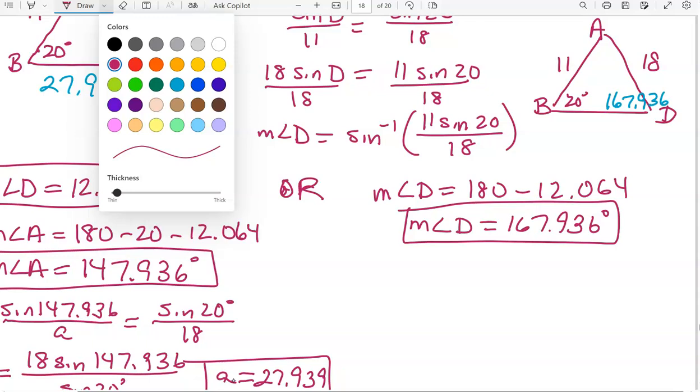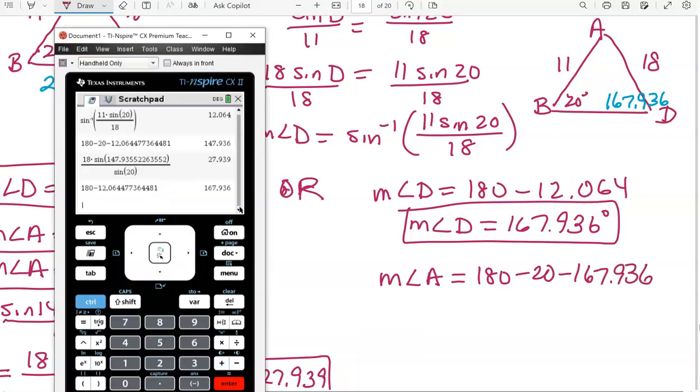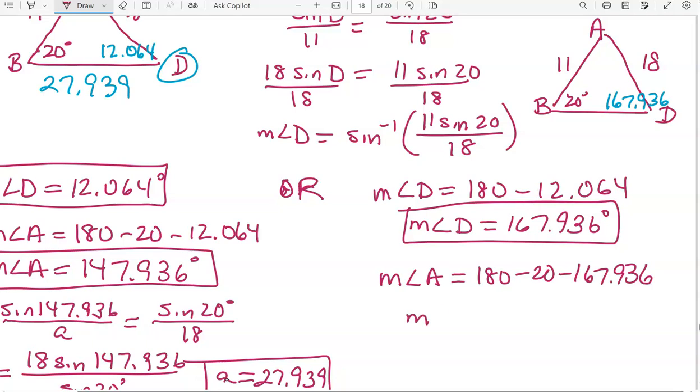Now that we have two angles, it's easiest to find the remaining angle, and the measure of angle A is 180 minus 20 minus 167.936. And let's find out what that result is. 180 minus 20 minus, and that would be the previous answer. And that gives us the measure of angle A is negative 7.936.